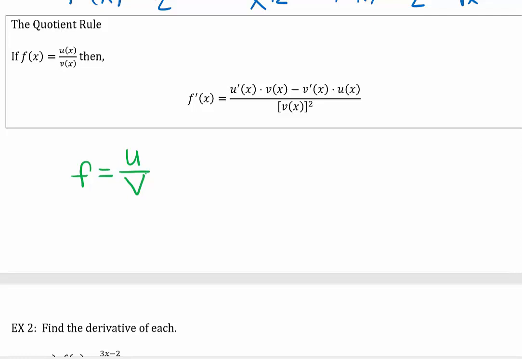I'm going to rewrite the quotient rule without the function notation, again, just to make it a little bit easier to memorize. So if f is a quotient, u divided by v, then the derivative would be u prime times v minus v prime times u, all over v squared, where u is the top and v is the denominator.